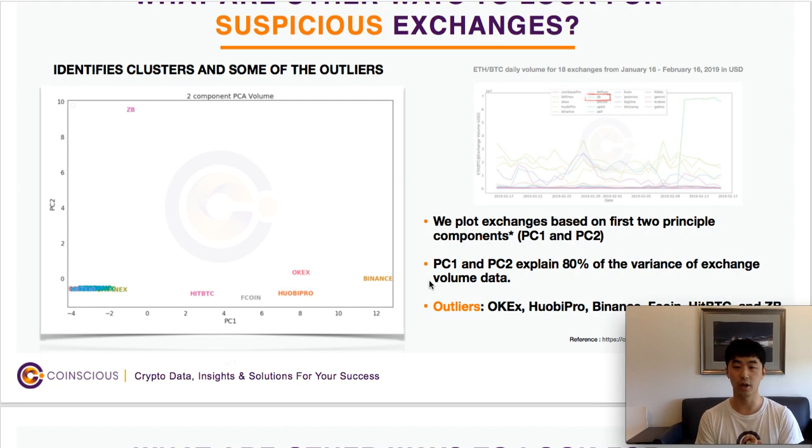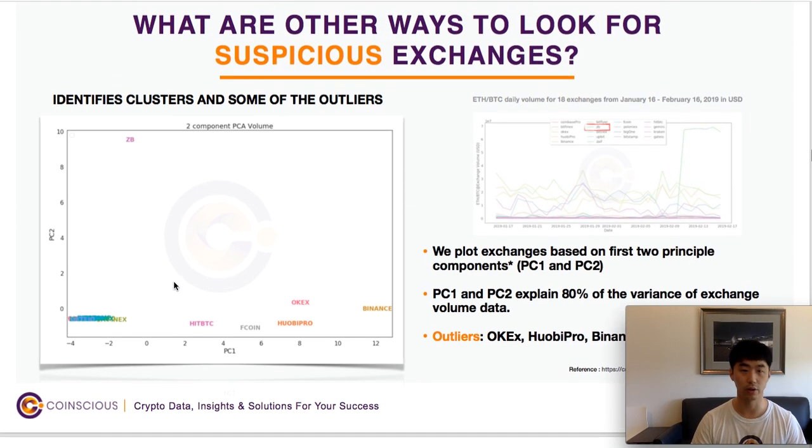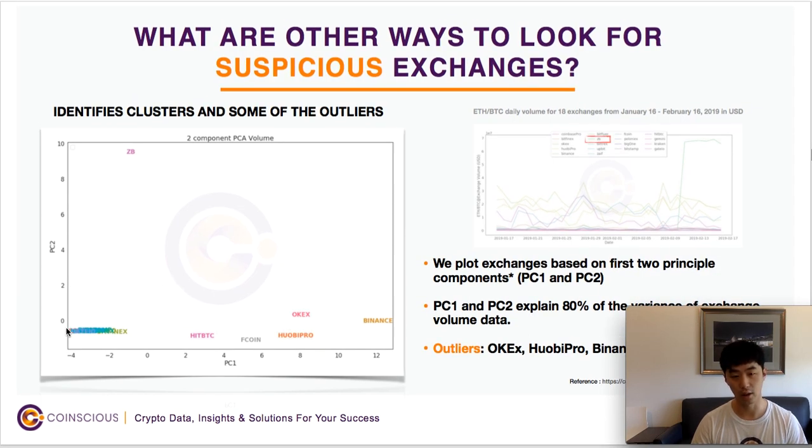We plot exchanges based on the first two principal components, which explain 80% of the variance of the exchange volume data. When you look at this plot, most exchanges are clustered in the bottom left, and there are some outliers like ZB, HitBTC, Fcoin, and so on.